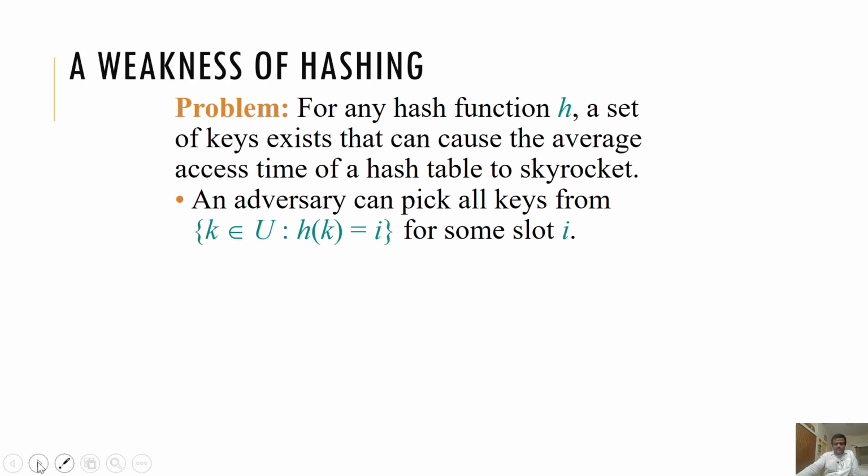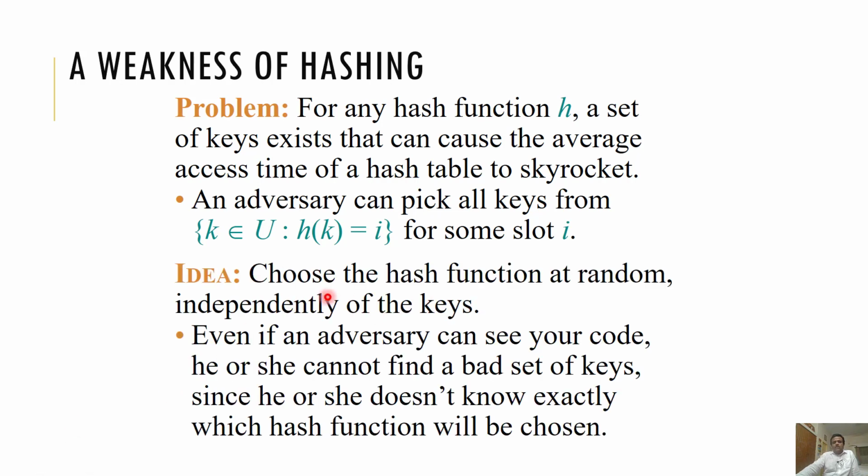Similar idea. The choice of hash function is random, and even if an adversary can see your code, he or she cannot find the bad set of keys, since he or she does not know exactly which hash function is going to be chosen. That will be decided at runtime, at execution time. So that is the advantage.